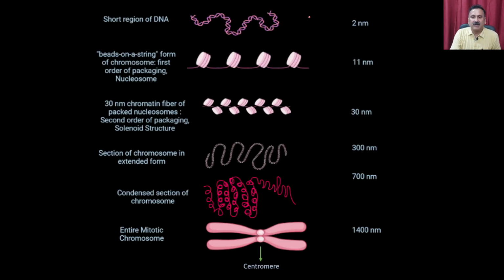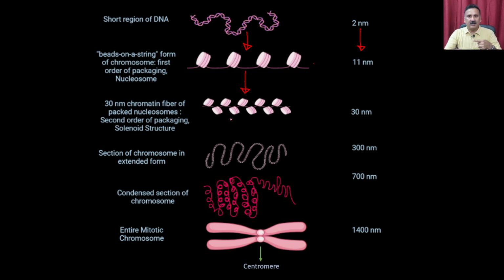So you are going to start with the DNA. If you start with the 2 nanometer DNA, then you are going to form the beads-on-a-string form, and that's how you're going to have the nucleosomes. Then these nucleosomes are going to be organized and refolded.